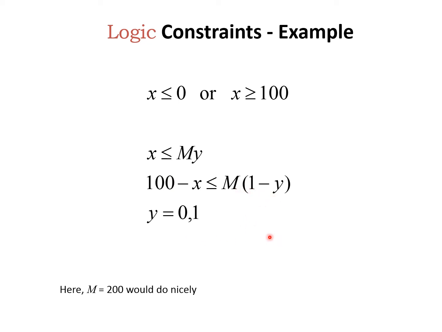For implementation purposes, if you are implementing this on a computer, then M of 200 is a good number to consider, or 1,000 is fine too. It works well with this problem because the maximum number in this problem is 100 anyway. But just assume that M is a very large number relative to the numbers used in the problem.